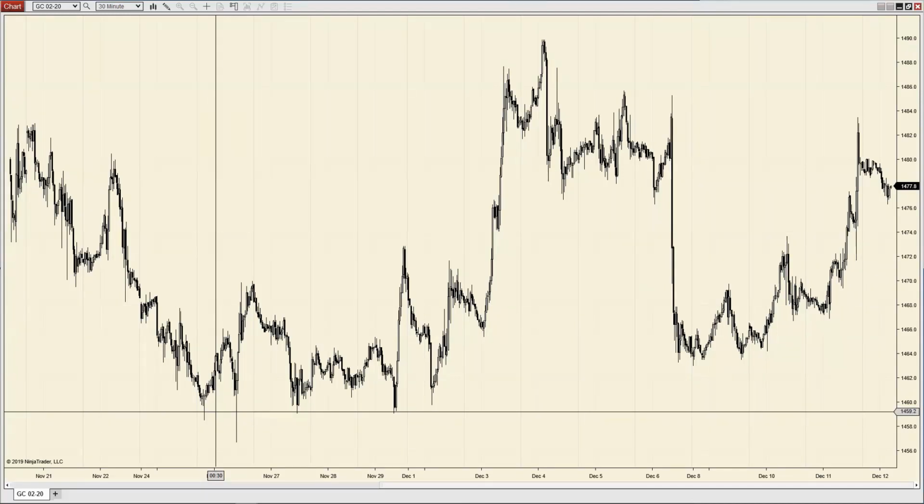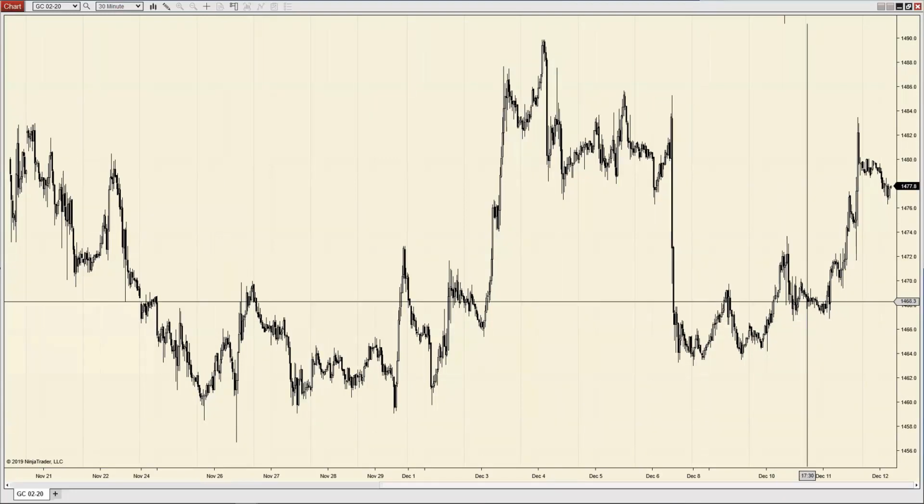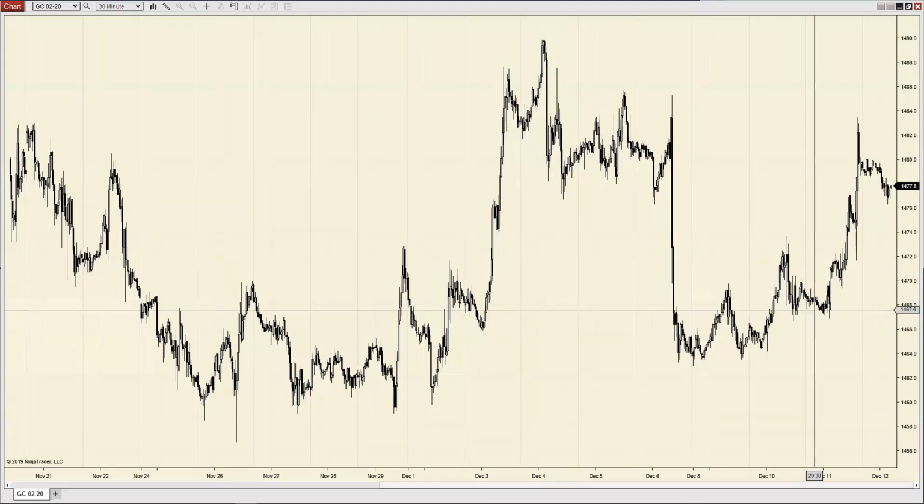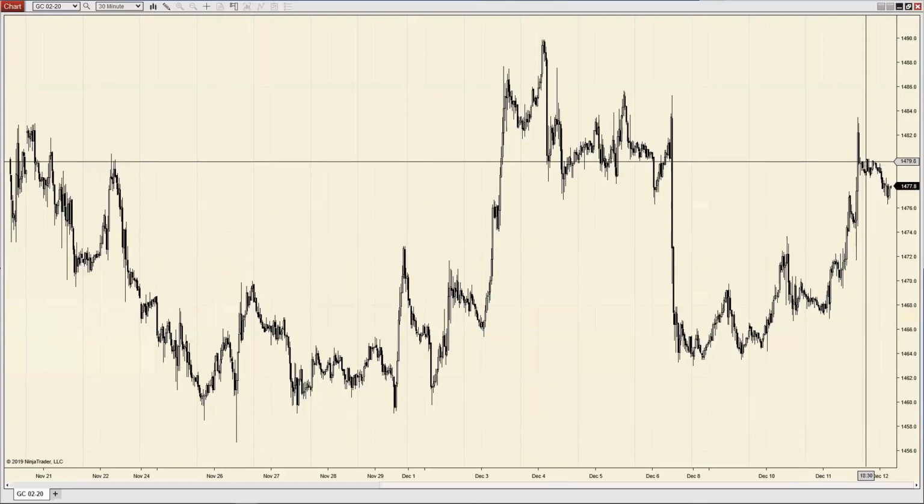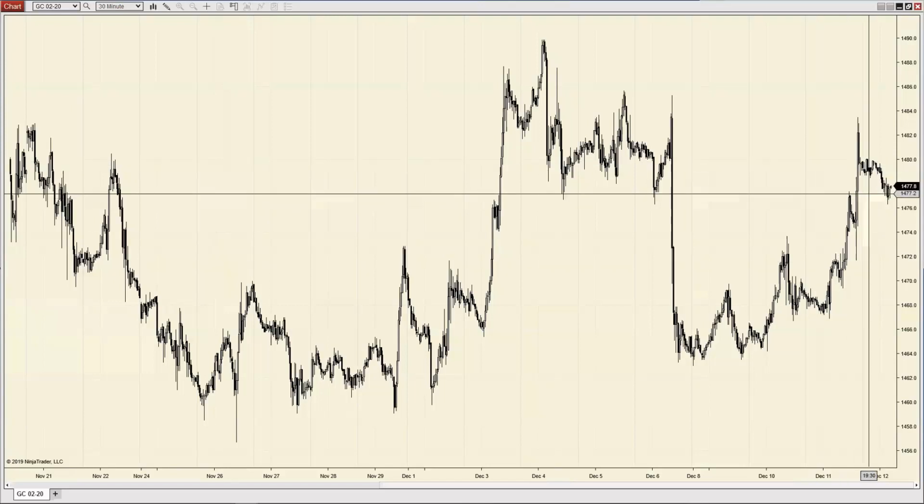The market had done pretty well, and I said look out, we might push higher. And boy, did they push higher yesterday with the thought that the Fed's going to be holding rates.